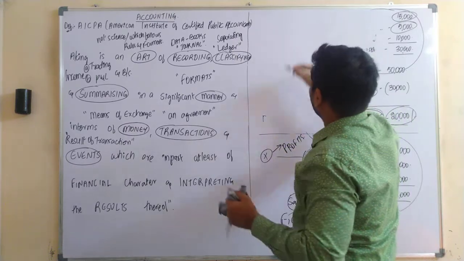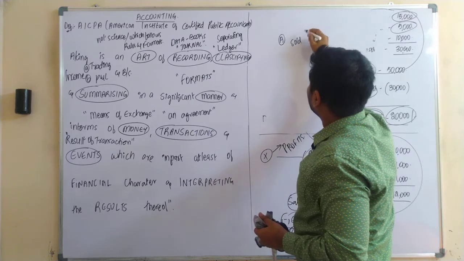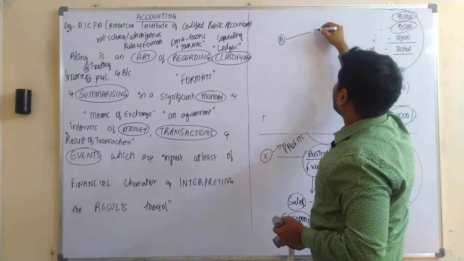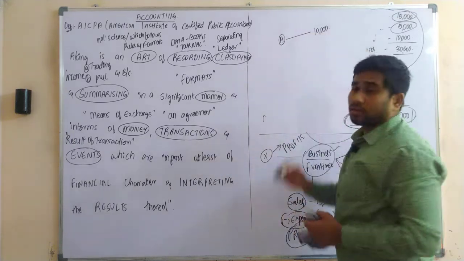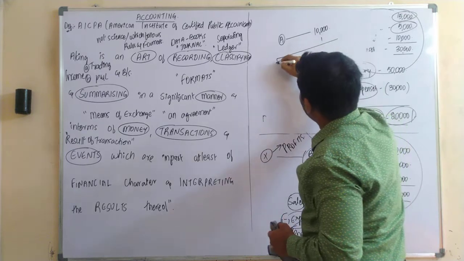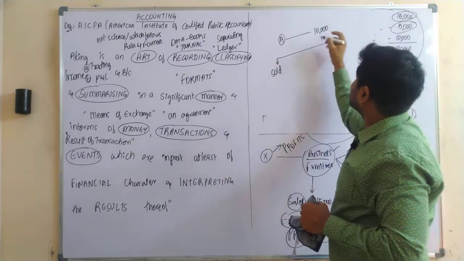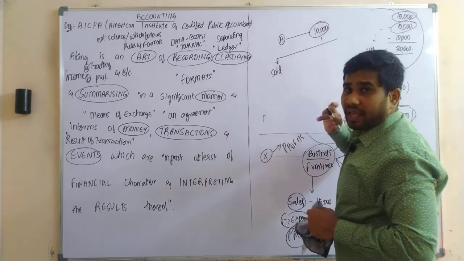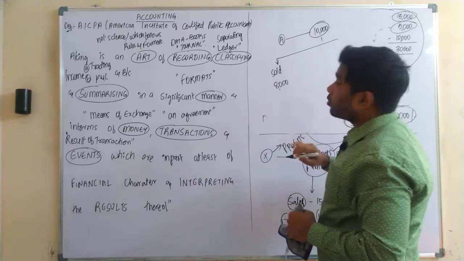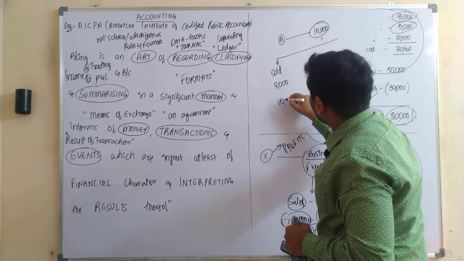Let's say we have Mr. A who purchased 10,000 worth of goods. Out of 10,000 worth of goods, Mr. A sold 8,000 worth of goods for 10,000 rupees.